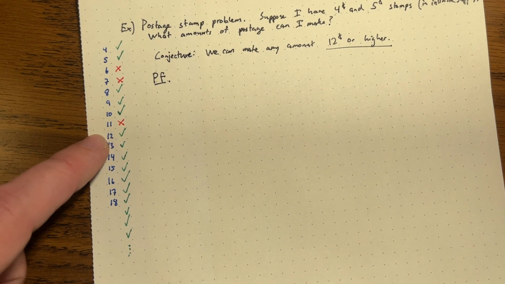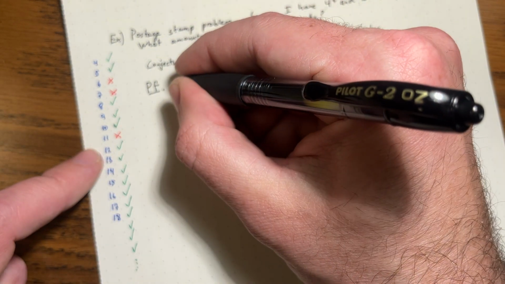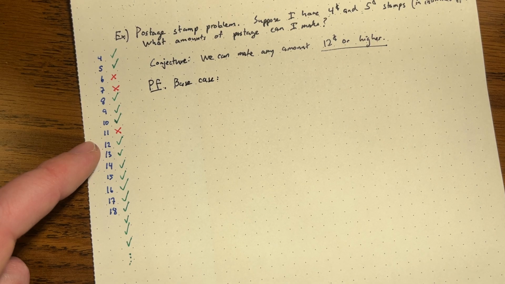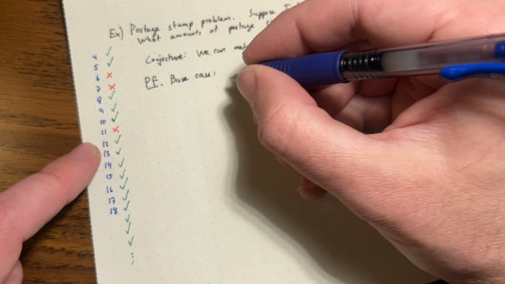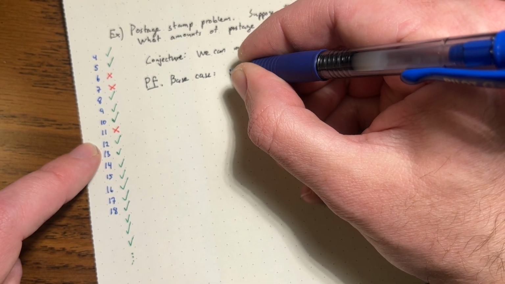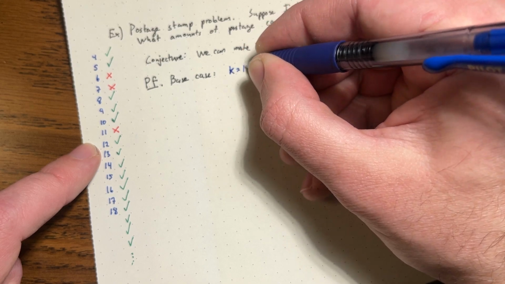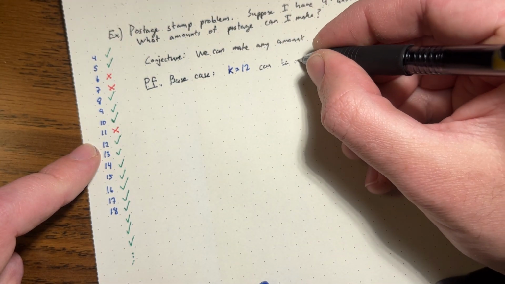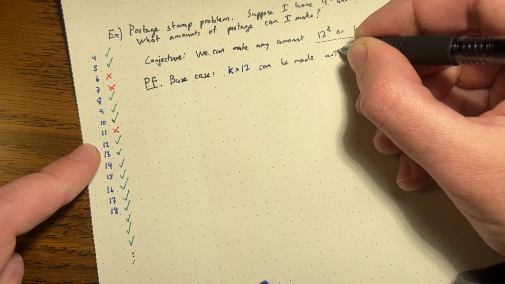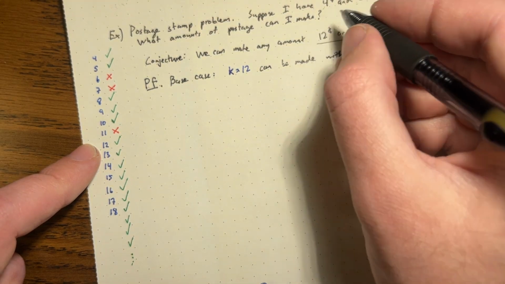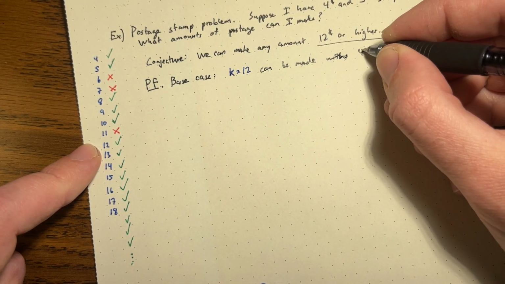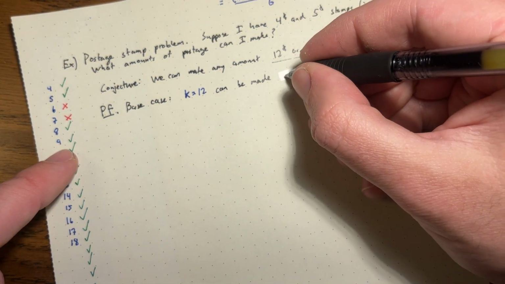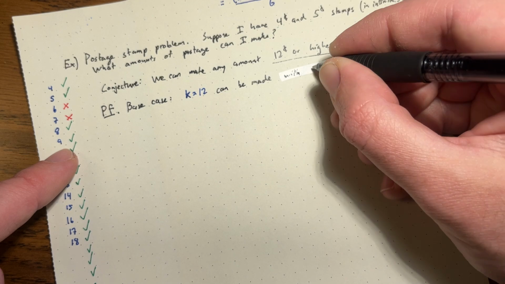So for our base case, k equals 12 can be made with, let's prove we can make it using these stamps. It can be made with 3 4-cent stamps, right?